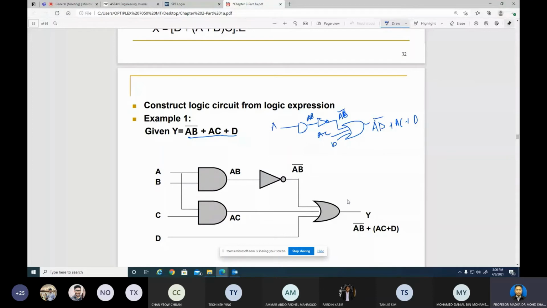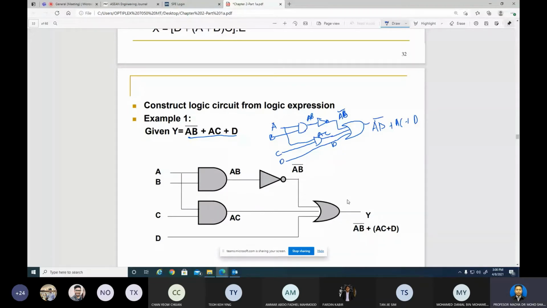So here will be A and this one will be B. And then this one we have A and C, so we have the AND gate here. Alright, so this one we just share. You can share from A, and then we introduce another one, C. And then this one D. You can see it's the same like this.